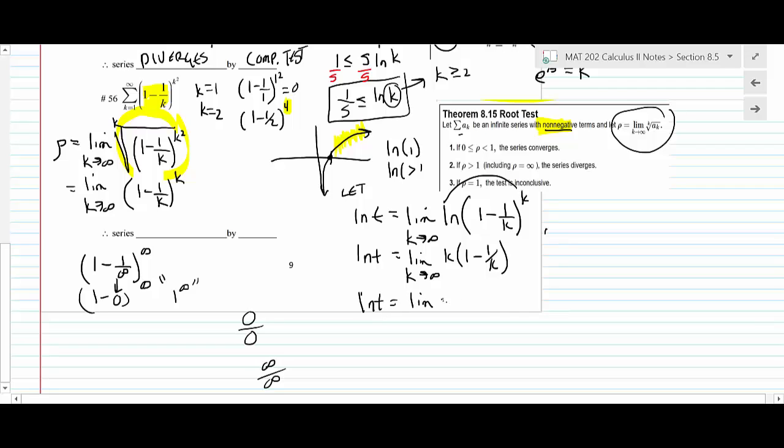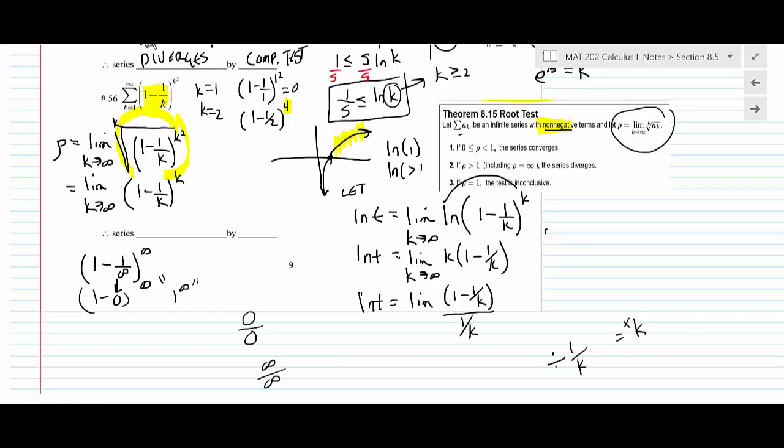You've done this before, even in Calc 1. I'm going to write that as ln of (1 minus 1 over k) all over 1 over k. First of all, tell me if you understand why that's right, algebraically. Because if you divide by 1 over k, you're multiplying by k, and that's what I was doing anyway.